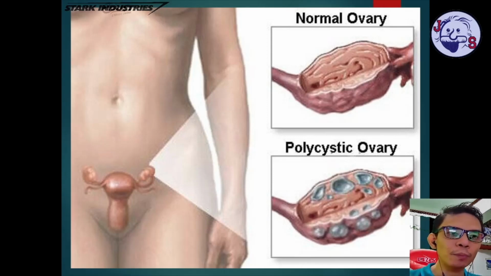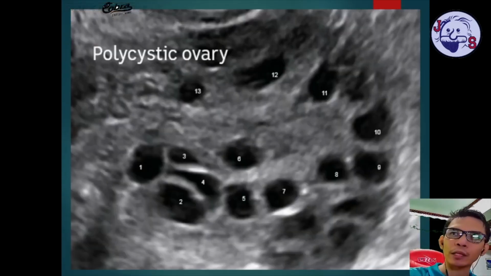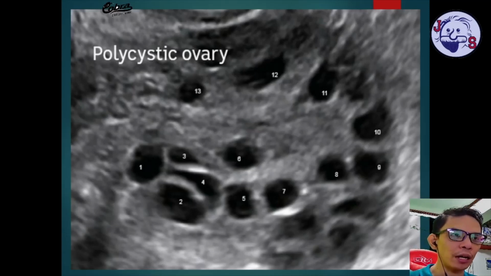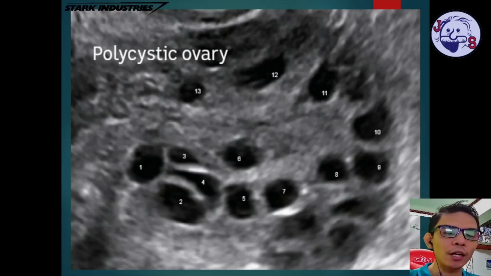A person with a polycystic ovary, like the one you have right here, is likely to have problems with fertility. There will be infertility problems that might be encountered. So just like the ovary with a cyst, early detection and prevention is required.